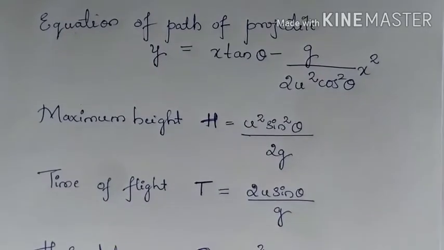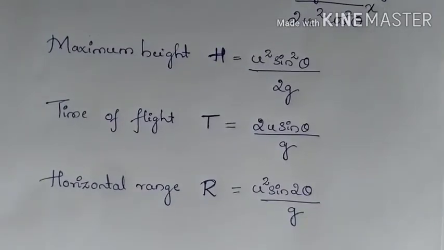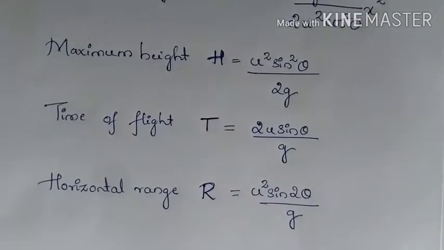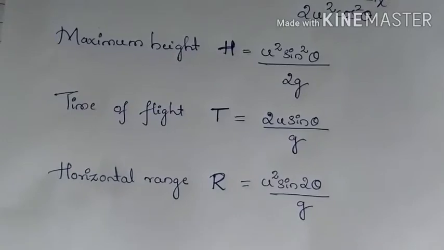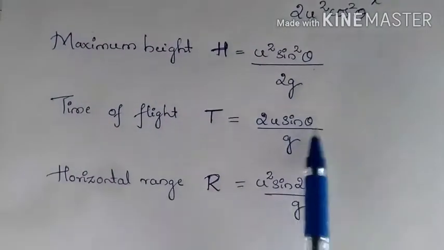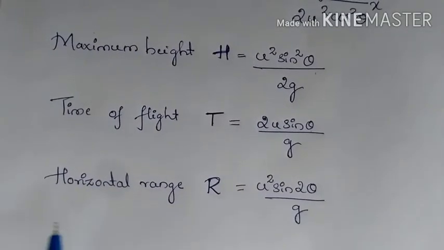The first was the equation of path, second is maximum height, third is time of flight and fourth is horizontal range. All these four equations are important, so you should know them by heart.